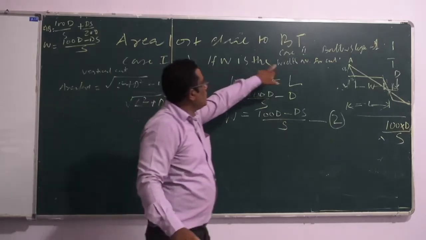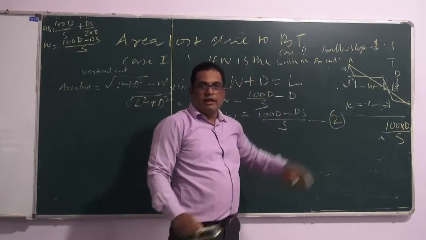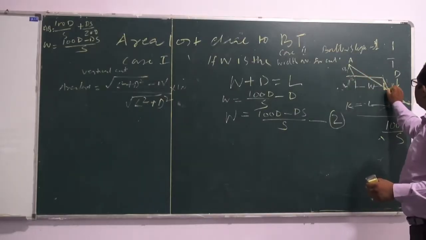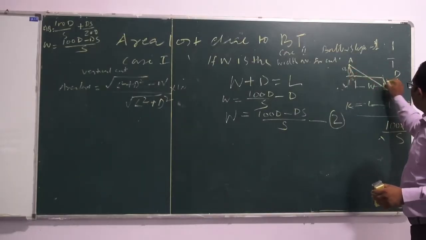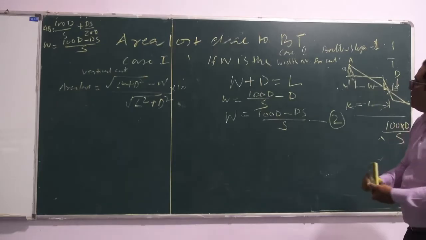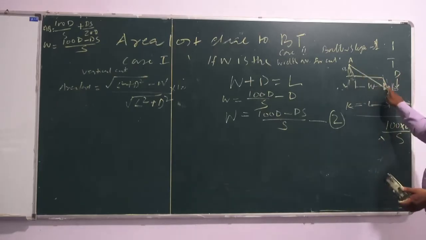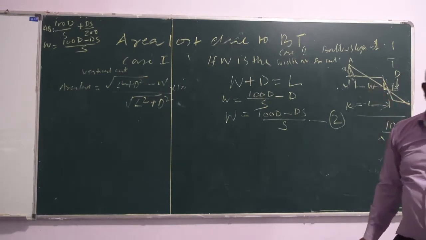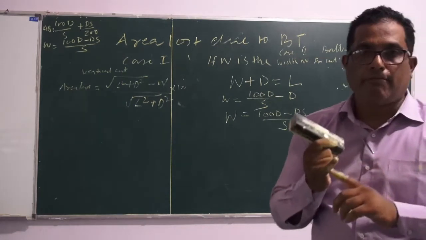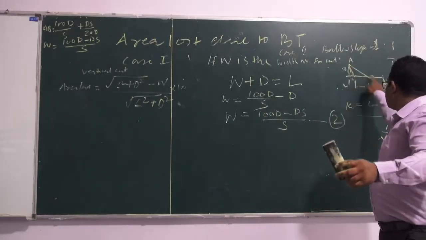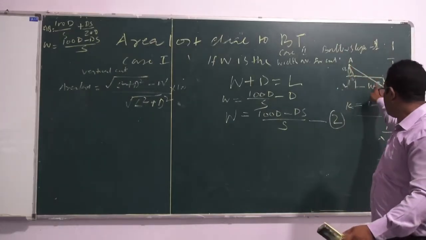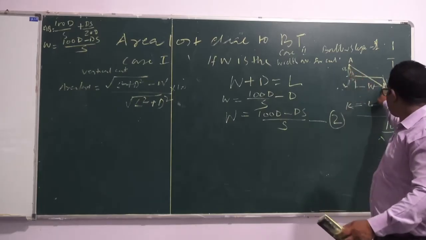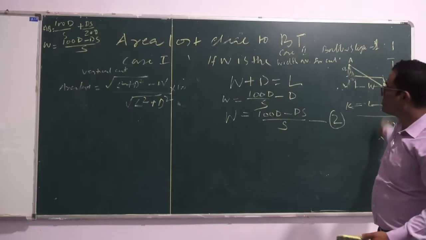Now, if W is the width which is available for cultivation, then the width which is not available for cultivation will be this. This is the width which is not available for cultivation. So this will be AB minus W. The width which is not available for cultivation will be AB, that is this inclined length minus the area lost in the upstream side plus the area lost in the downstream side.